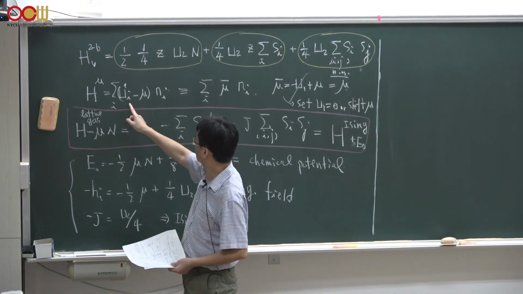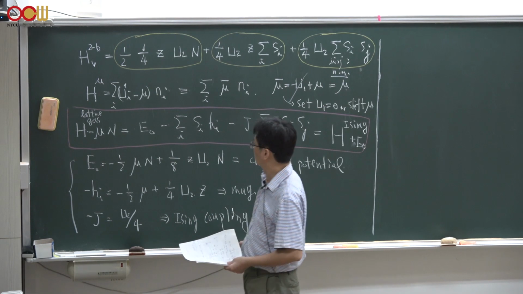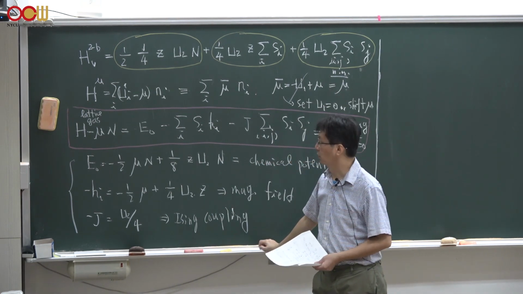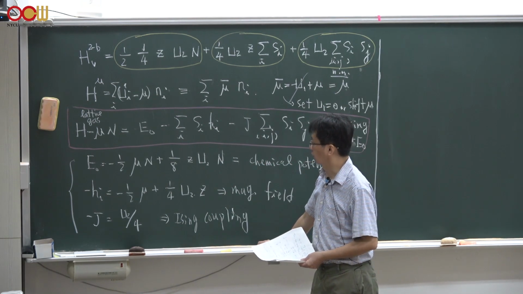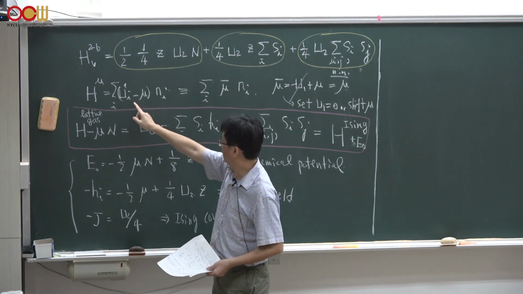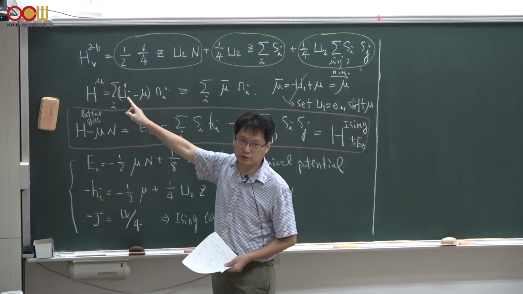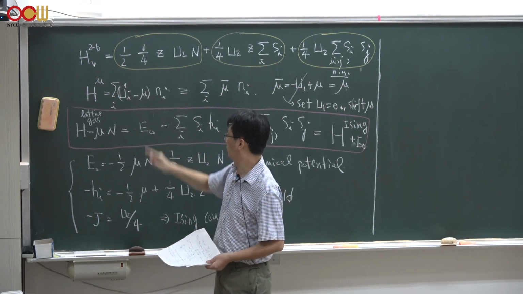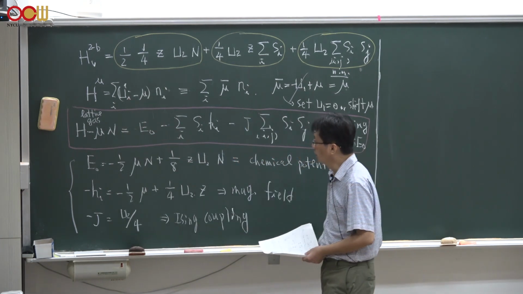But what about this chemical potential term, the U1 term, and also this minus mu n_i term in the Hamiltonian? You can see very clearly that this U1, this on-site potential, only shifts the chemical potential mu.